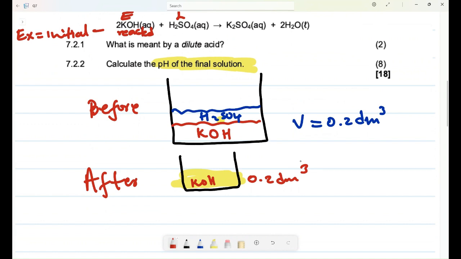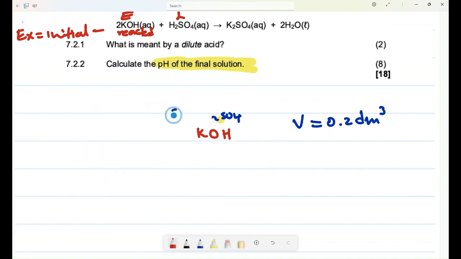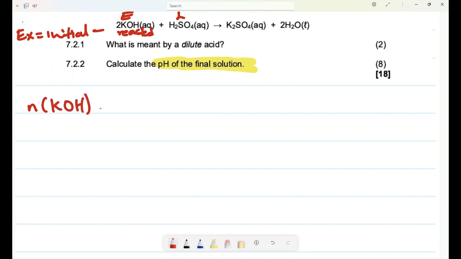Now, I know that H2SO4 is a limiting reagent, so I will find the reacted number of moles of KOH using it. So I'll say the number of moles of KOH that reacted, please take note of that, will be twice the number of moles of H2SO4.